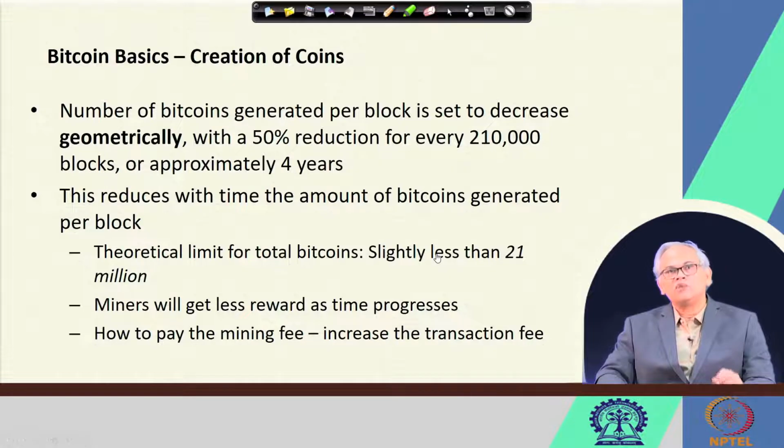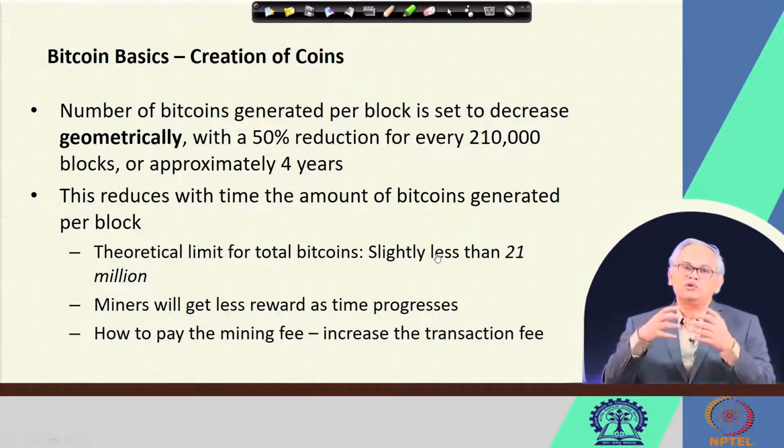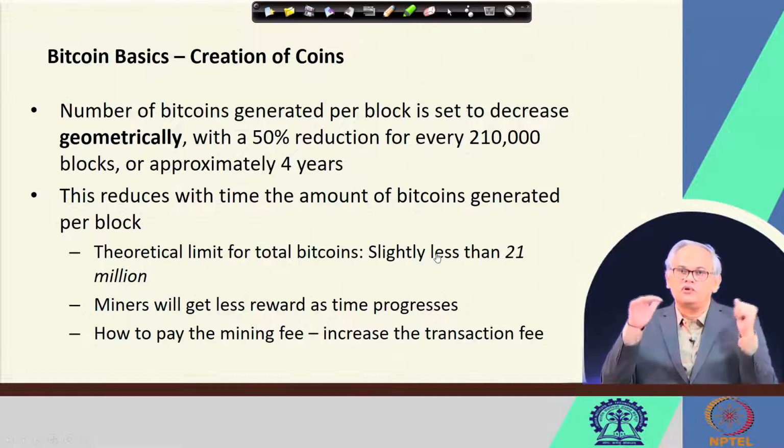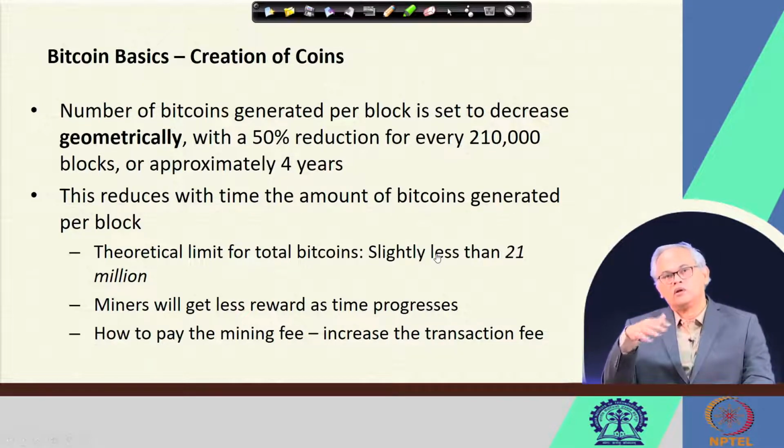And with time, the amount of bitcoins generated per block will be reduced. That means the block reward is being reduced, and that is to ensure that there is a controlled flow of bitcoins in this cryptocurrency economy of Bitcoin.